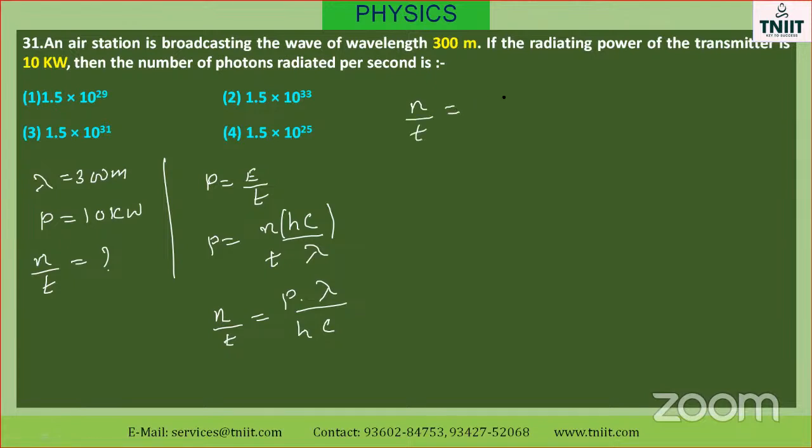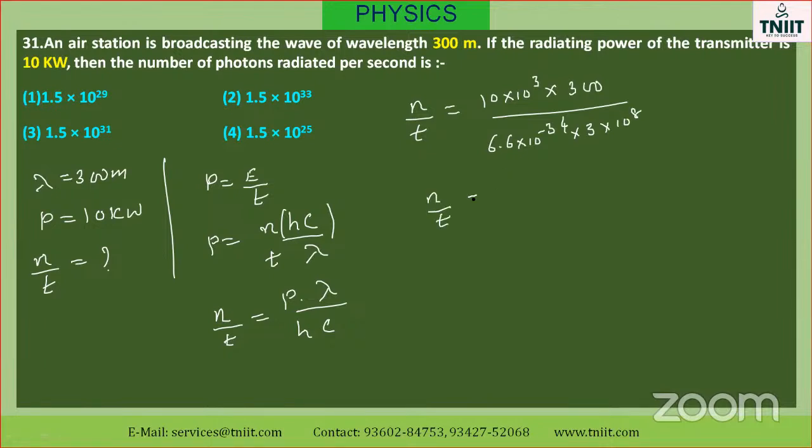Can you tell me what power they have given? 10 kilowatt. Lambda is 300. H value is 6.6 into 10 raised to minus 34. C value is 3 into 10 power 8.